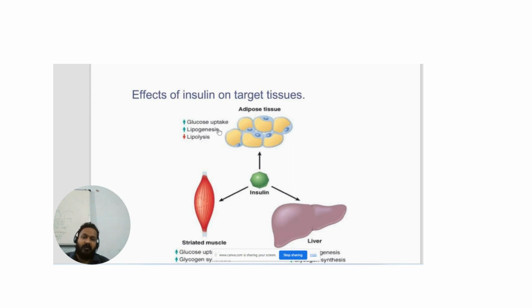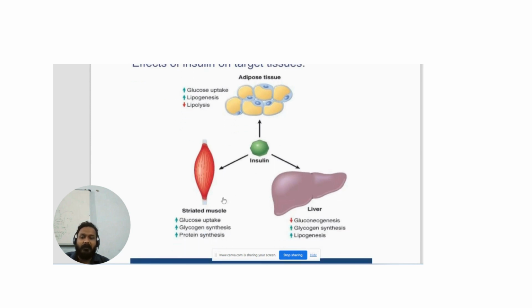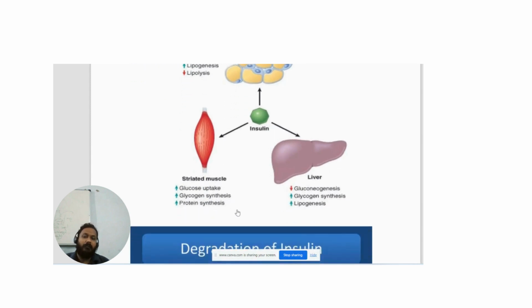It also affects amino acid and lipid metabolism, and lipogenesis. And on muscles, it increases the glucose uptake, glycogen synthesis and protein synthesis. In liver, it increases the lipogenesis, glycogen synthesis and gluconeogenesis.